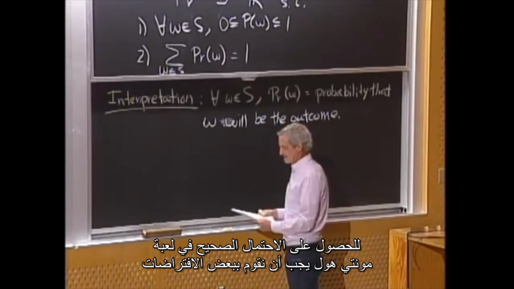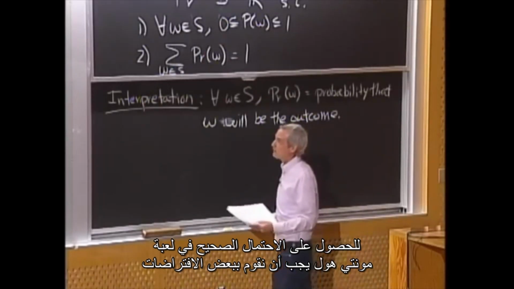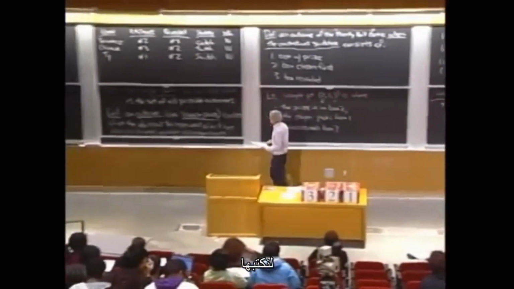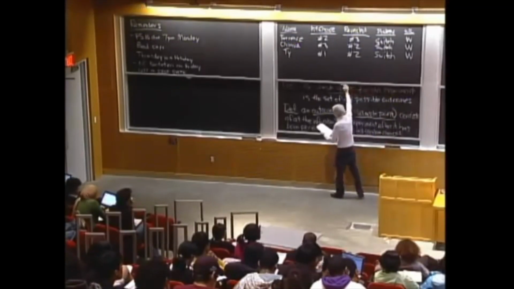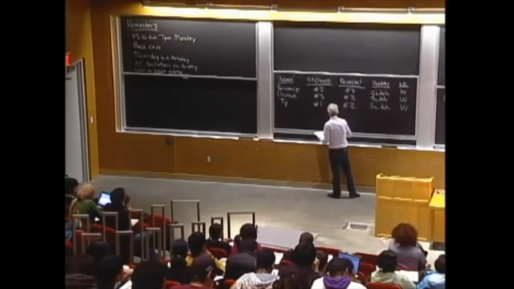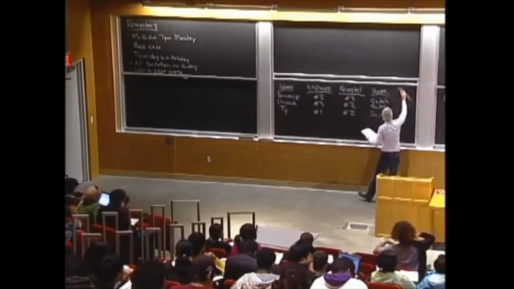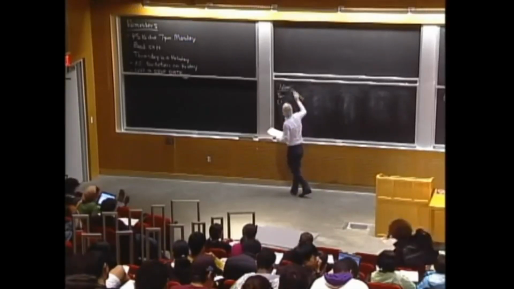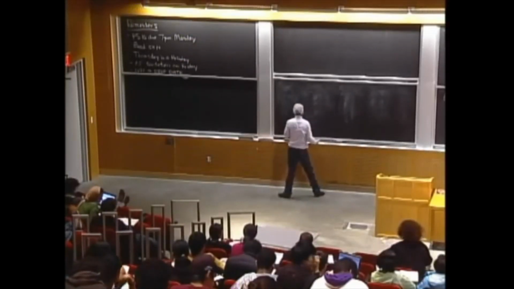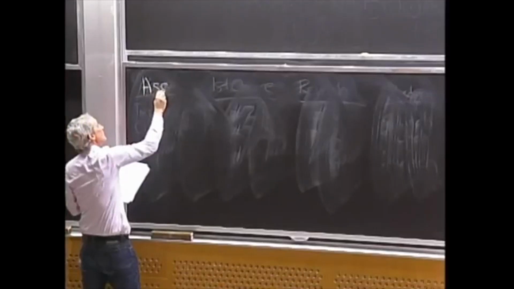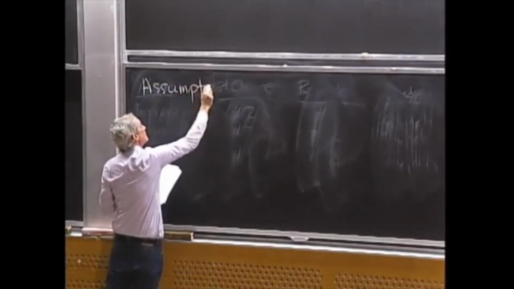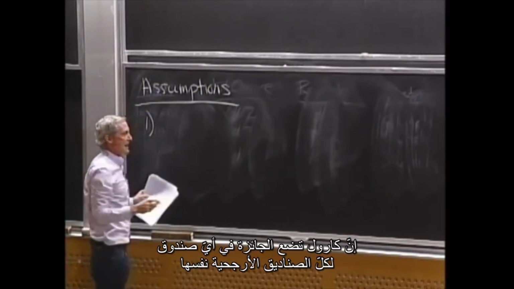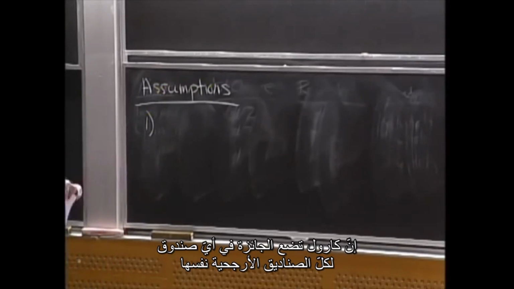Now, to get the right probabilities for the Monty Hall problem, we have to make some assumptions. So let's write those down. The first assumption we're going to make is that Carol put the prize in a random box. They're all equally likely.